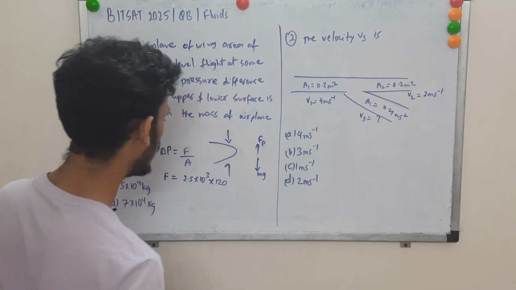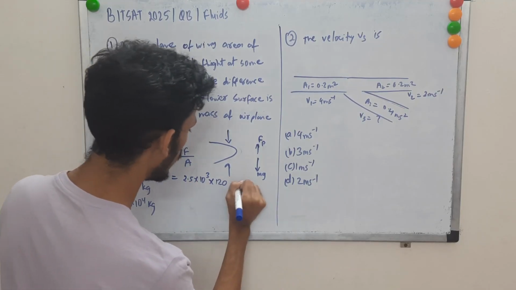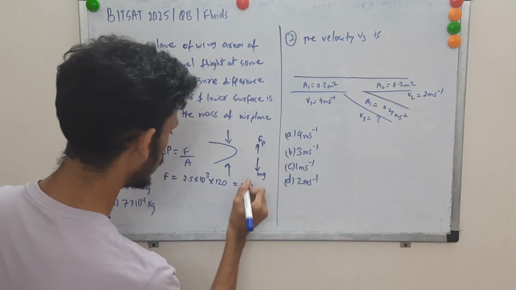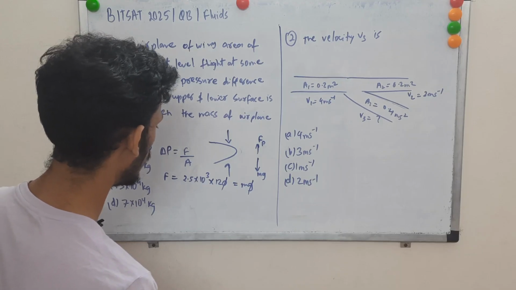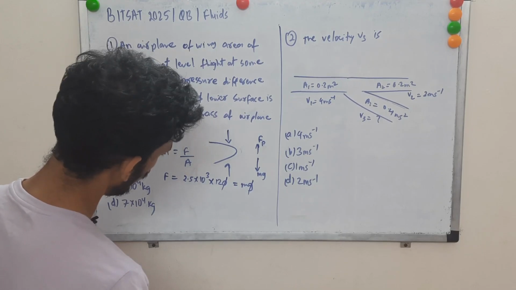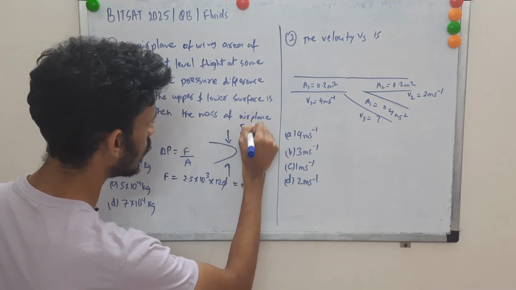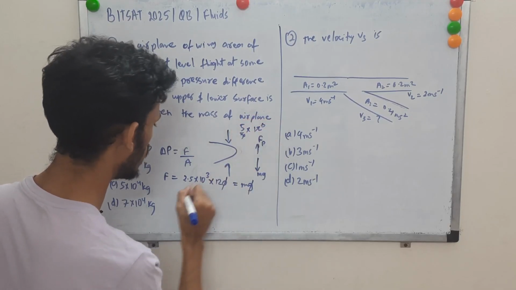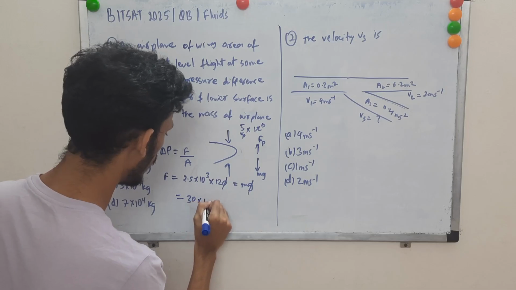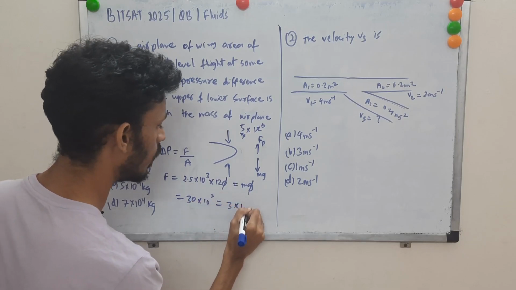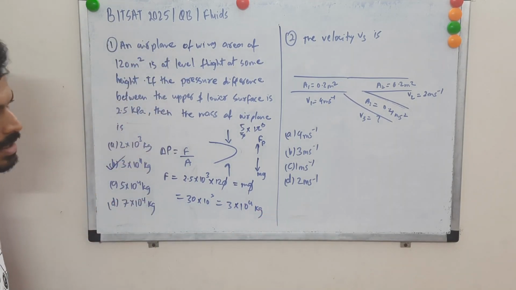This force equals mg. g is 10, so you can cancel it out. 12 into 2.5, and 2.5 is 5 by 2, so 5 by 2 into 12 is 30. So 30 into 10 to the power 3, or 3 into 10 to the power 4. That is your mass in kgs, so option B is the correct choice.